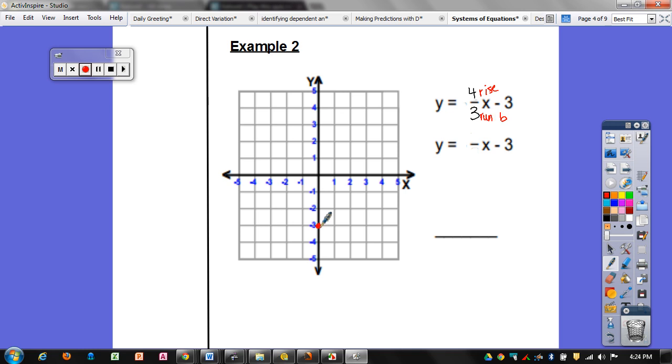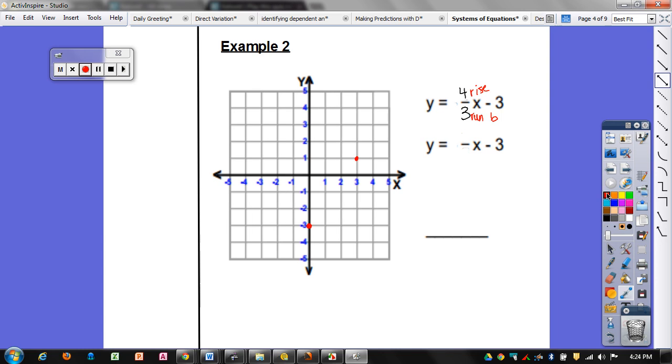So I'm going to rise 1, 2, 3, 4, and then my run is 1, 2, 3. Now I can draw my line. And I can plot the next one.